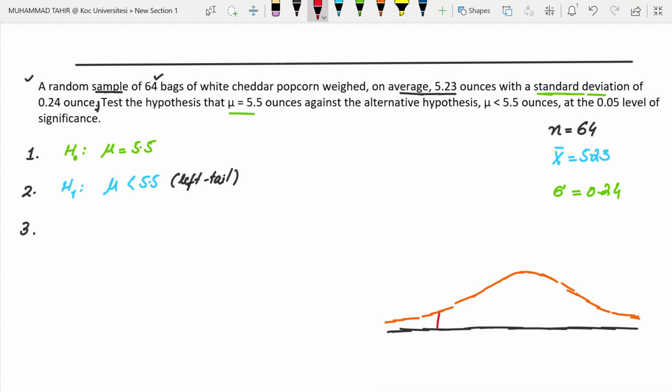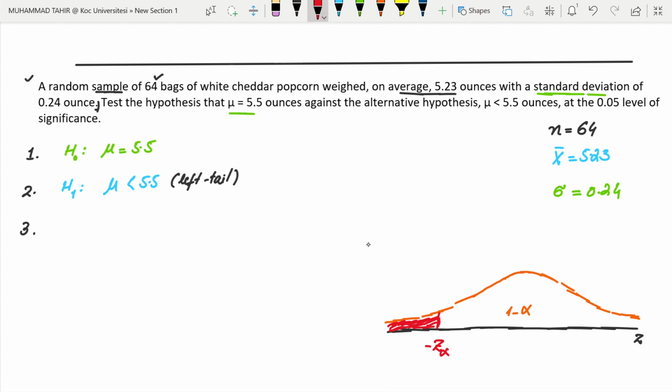I will have this left tail, and here I will have the critical point, minus z alpha, and the area under the orange curve is alpha, and remember the x-axis is z.